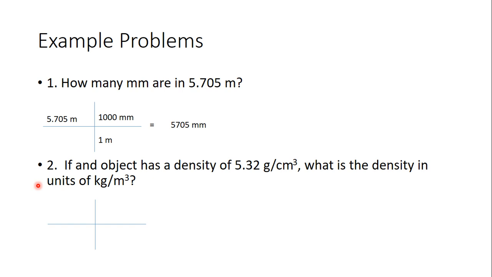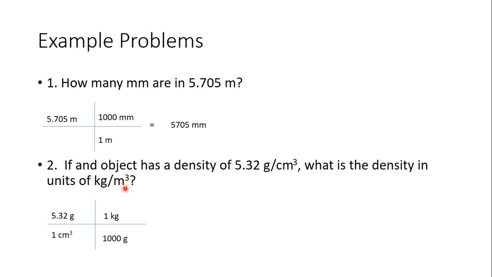Let's go to problem 2. So we're given 5.32 grams per 1 cubic centimeter. So grams on the top, cubic centimeter on the bottom. And I'm going to start the conversion for grams. And our conversion factor is for every 1,000 grams, we have 1 kilogram. Alright? Now that takes care of the numerator.